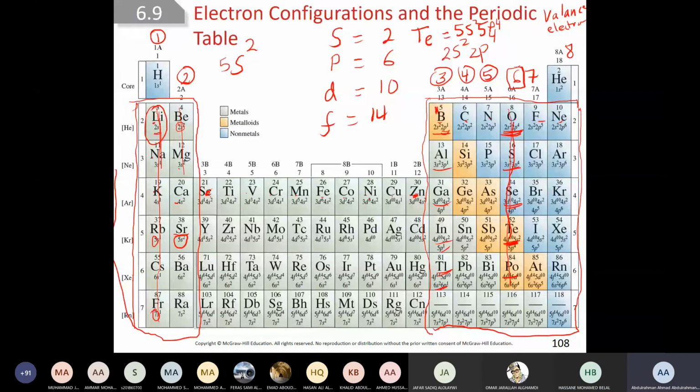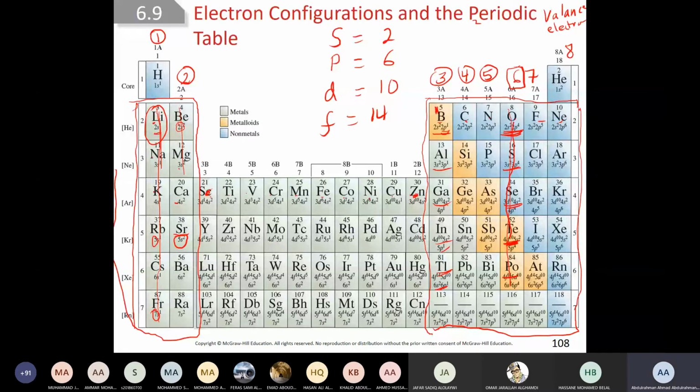Good. So now the whole periodic table is based on the electronic structure. You have to be careful with these words. If you look carefully at the periodic table, you can tell what will be the last orbital for any element.